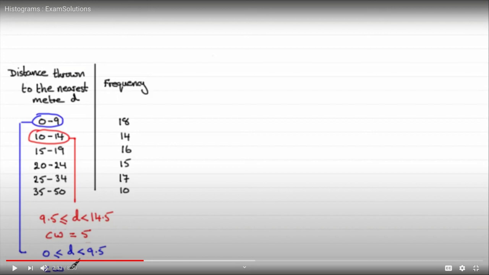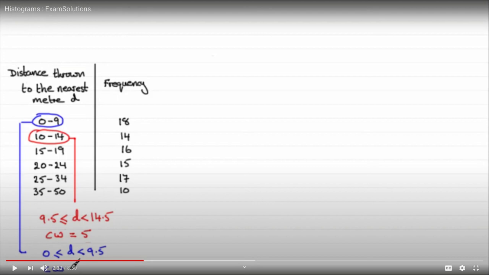So what you're doing is you take half the interval. If it goes between 0 and 9.5, or less than 9.5, you round down. If it's 9.5 and above, you round up. So you remember about rounding numbers, okay?